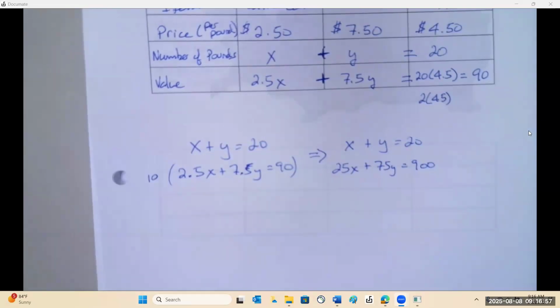All right, so which method do you want to use to get rid of these? Okay, you're going the longer way, that's okay. For substitution, you have to find which equation and which variable.